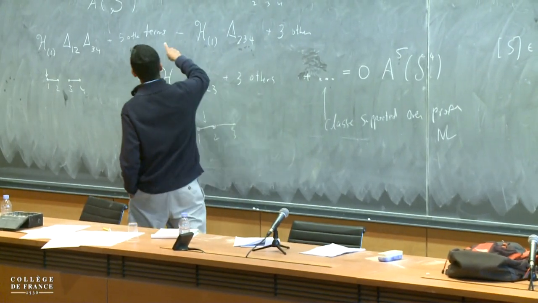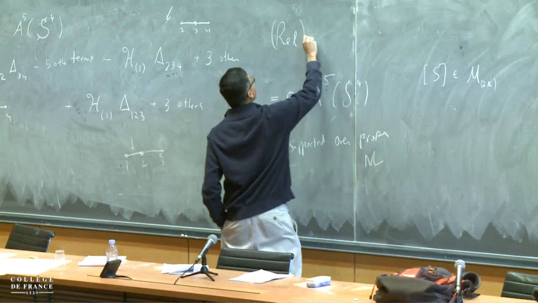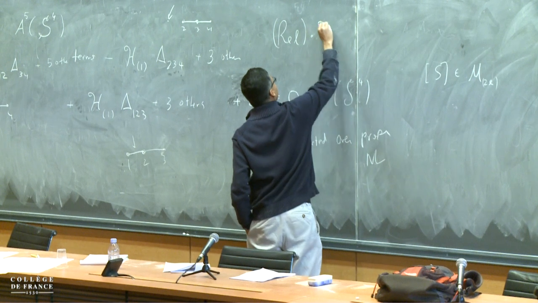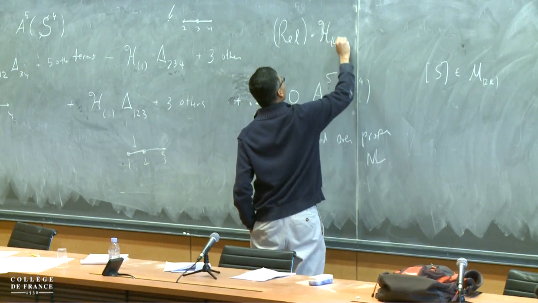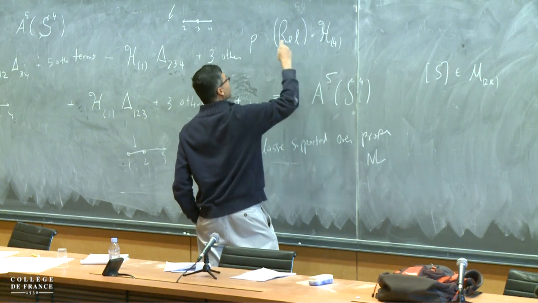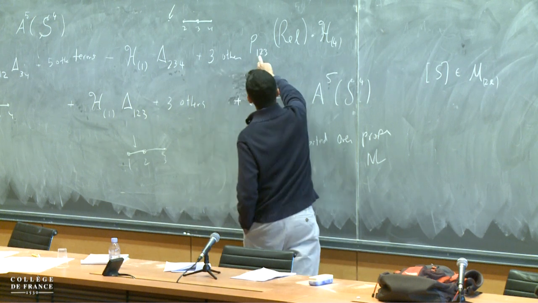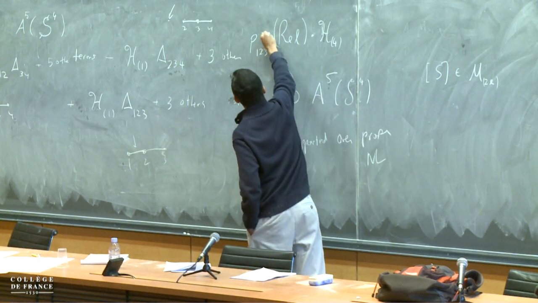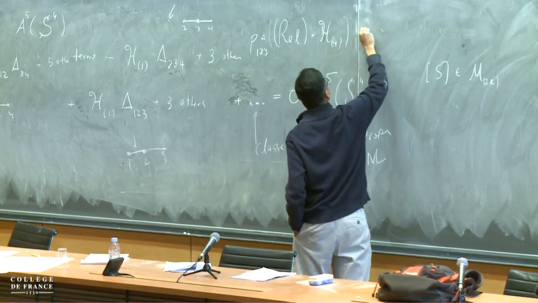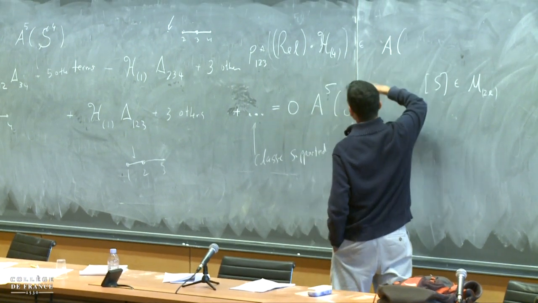So you take this relation, let's just call this relation rel. You multiply it by this curly h at the 4th point, and then you push forward, forgetting the 4th point. So this is the push forward to the first 3 points. This gives you a relation in... I could calculate the number in a second.